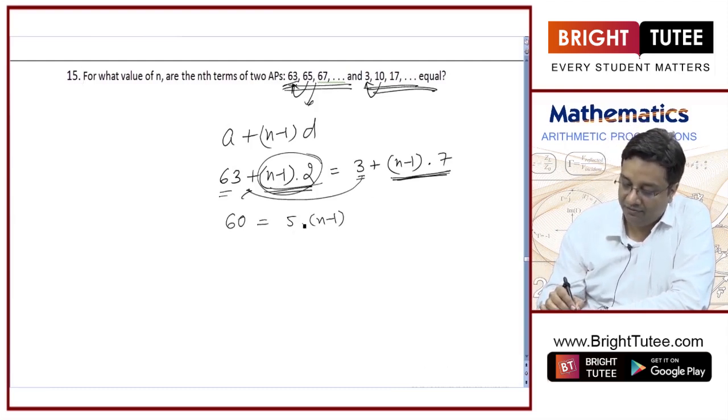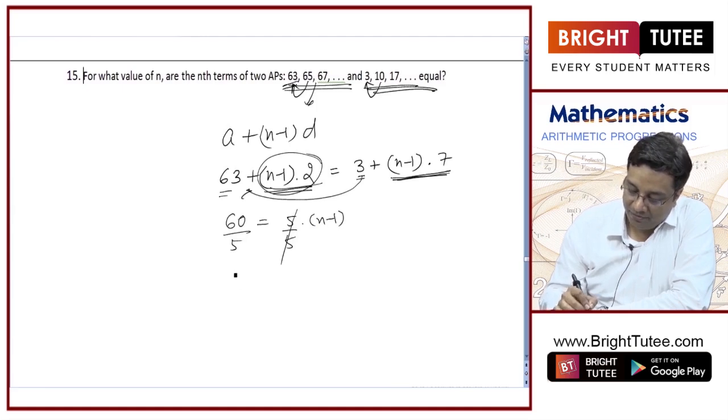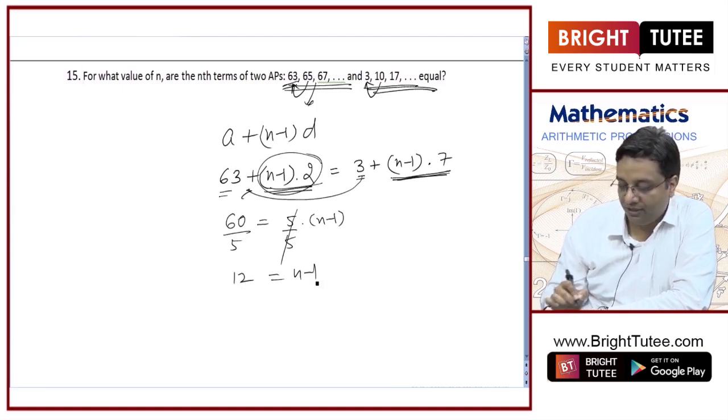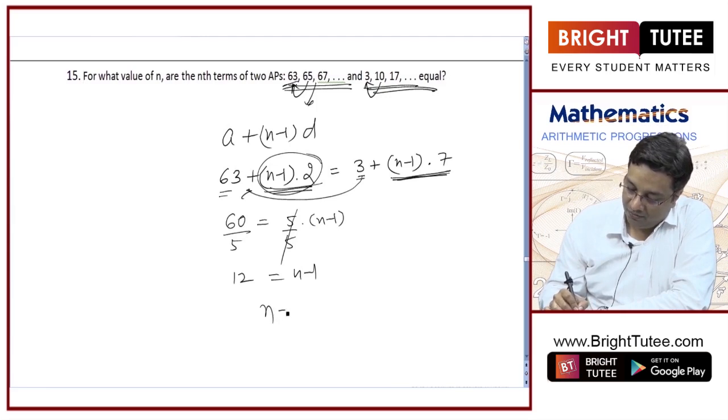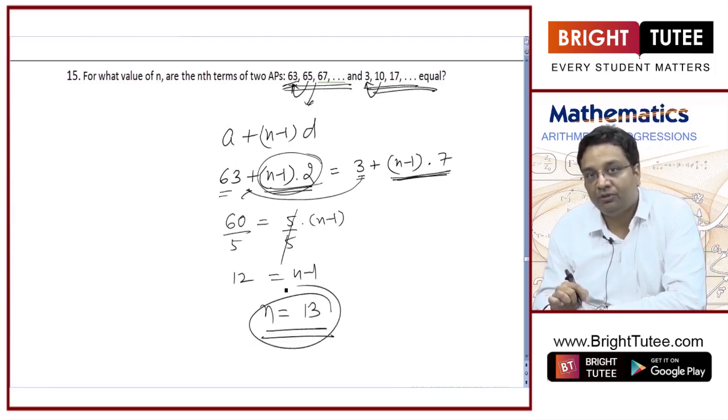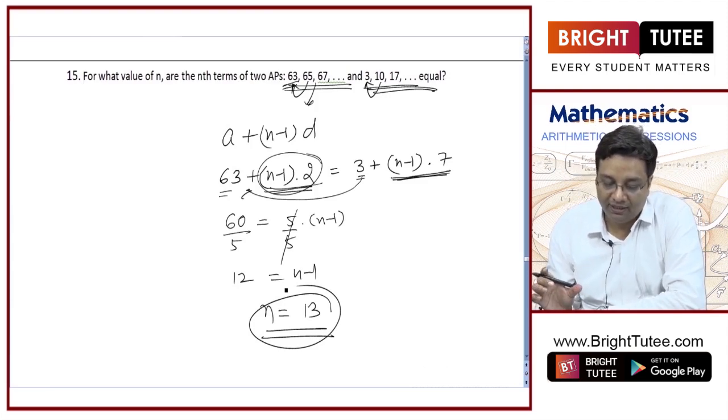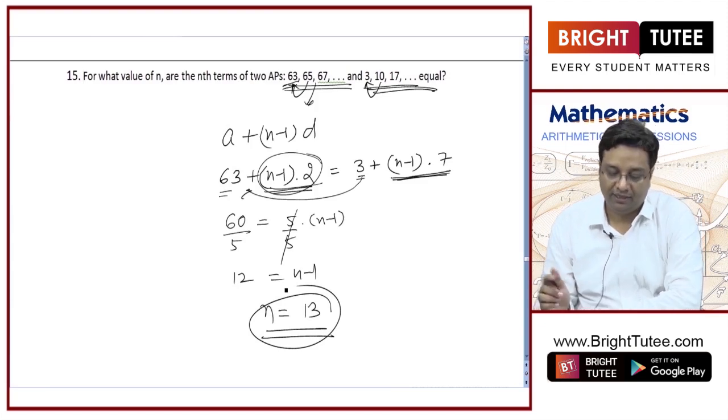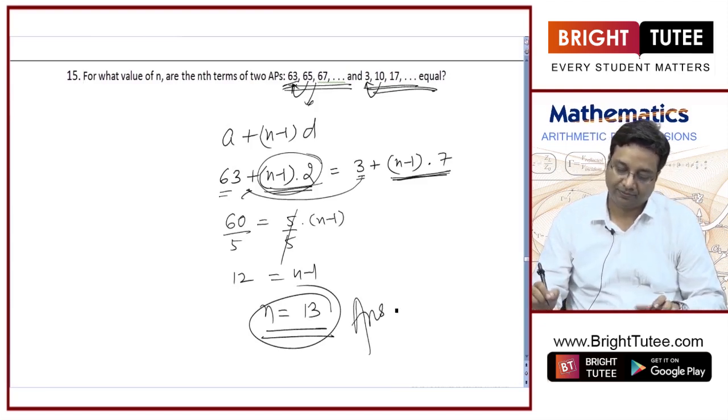So it is 5 into n minus 1. So if I divide both sides by 5, it will become 12. So n minus 1 equal to 12. What is the value of n? 13. So if n equals 13, we can say that the nth terms of both these APs will be equal, right? So this is your answer.